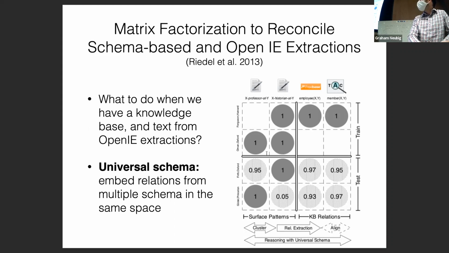And we do a tensor completion where we basically say, well, if we know this relation existed in the OpenIE database, we can fill in the other relations that we expect to be true in the schemas that we have.